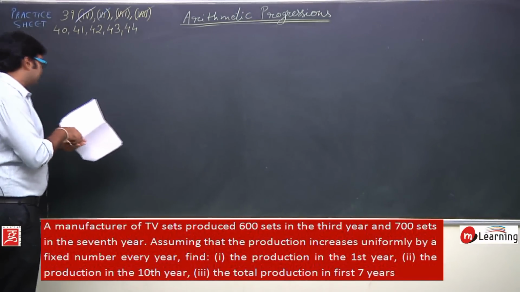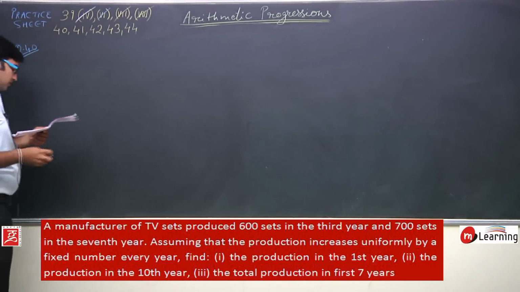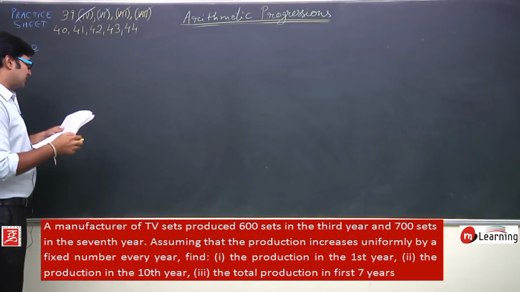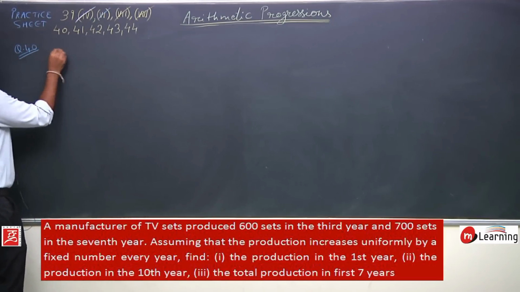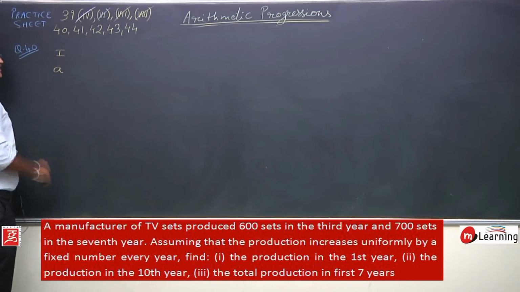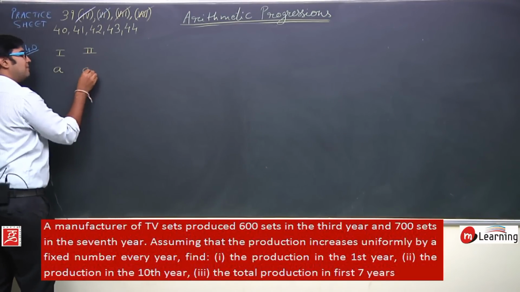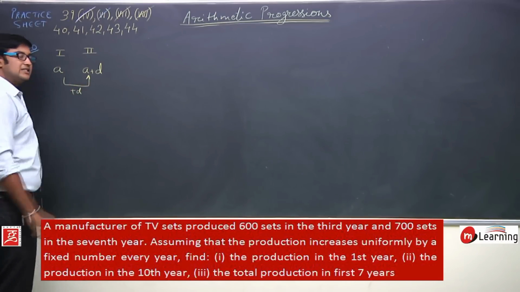What it says is, question number 40, it says the TV manufacturer produced 600 sets in the 3rd year. So in 1st year he might have produced some sets, let us say A number of sets. In the 2nd year he produced A plus D number of sets, that is the increment of D sets.